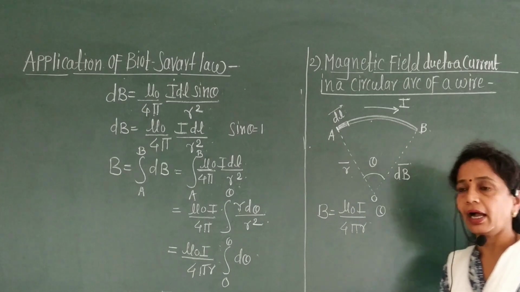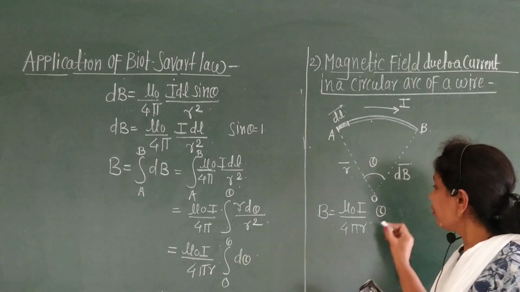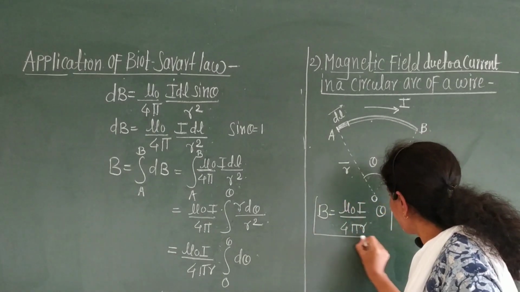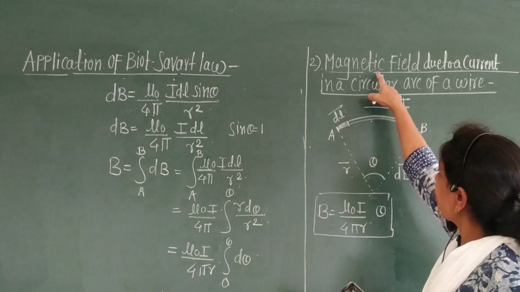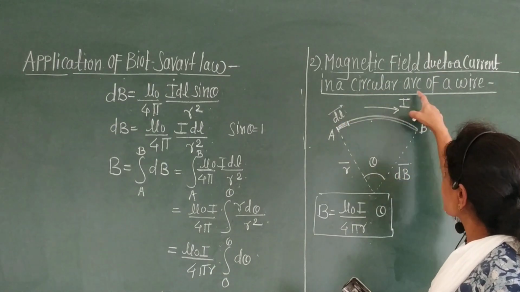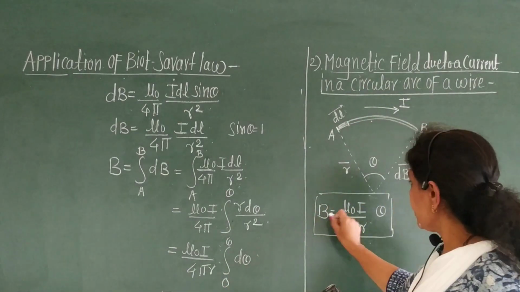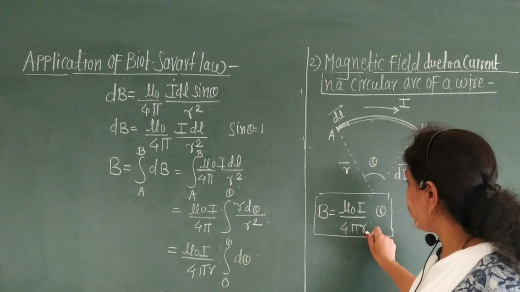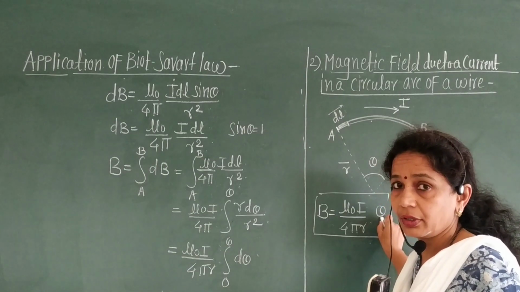Mu 0 I upon 4 pi r into theta. Okay, this is the value of magnetic field due to a current in a circular arc of a wire.